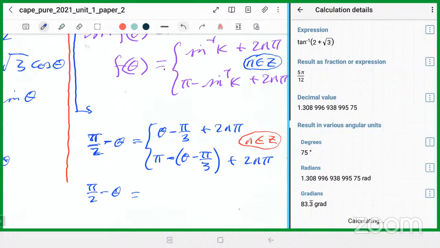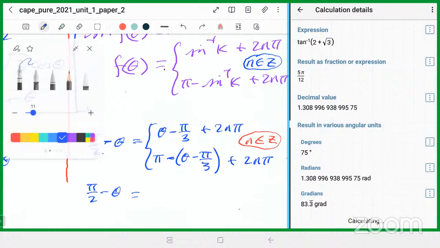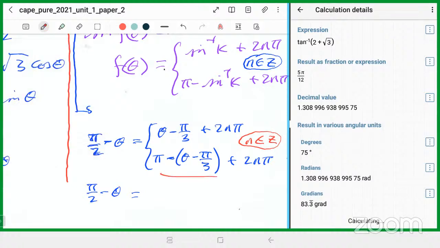But look at the second one right here. To expand it out, it will become pi minus, with the minus giving me plus, so it becomes pi plus pi by 3. That's 4 pi by 3. But then this minus theta gives me minus theta now, and then I'm adding back the plus 2n pi.